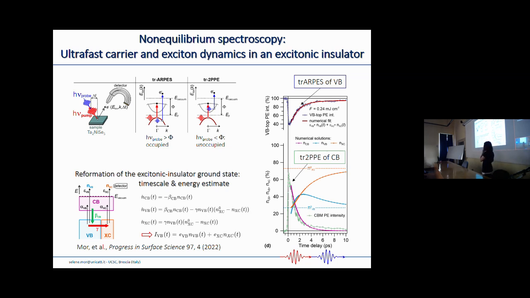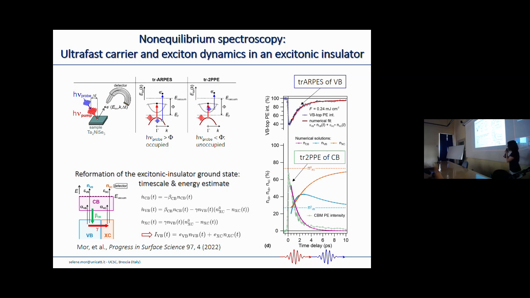Now, in this rate equation model that we developed, we thought, okay, we come with a pump pulse, and you promote electrons into the conduction band, both by exciting valence band electrons, but also ionizing these ground state excitons, which eventually will end up being quasi-free carriers in the conduction band. And then if we expect a relaxation dynamics taking place first from the conduction band into the valence band, and only in a second step, ground state excitons might reform and condense into the condensate, you end up with this set of rate equations that describe the evolution of the population in each sublattice.